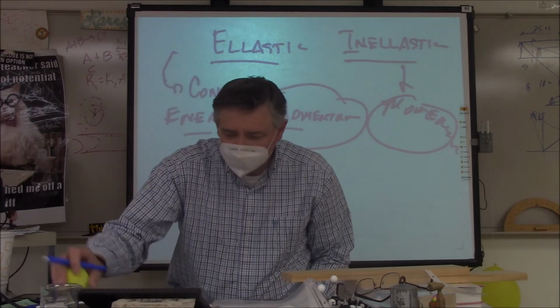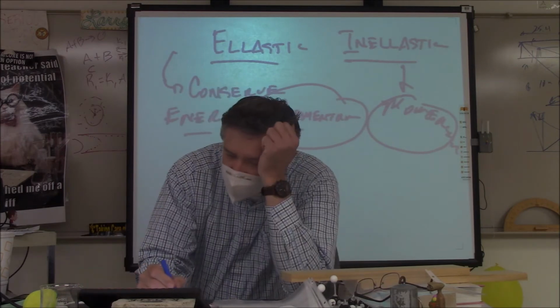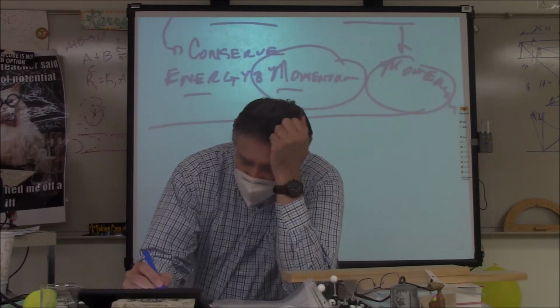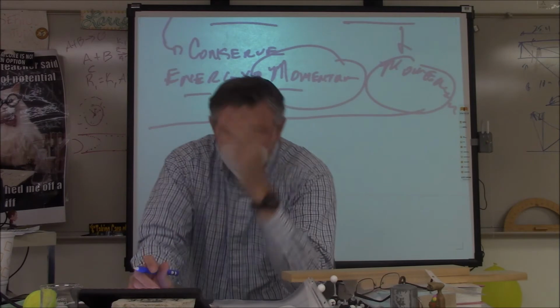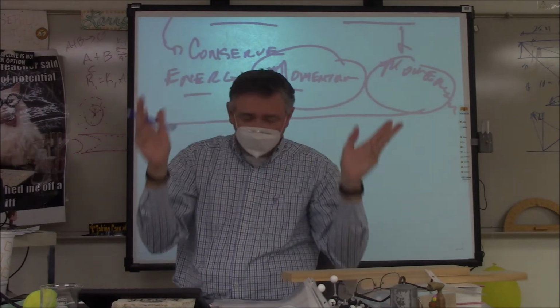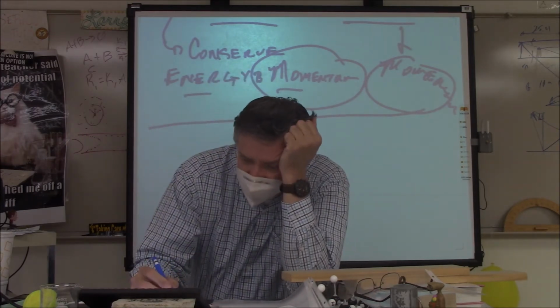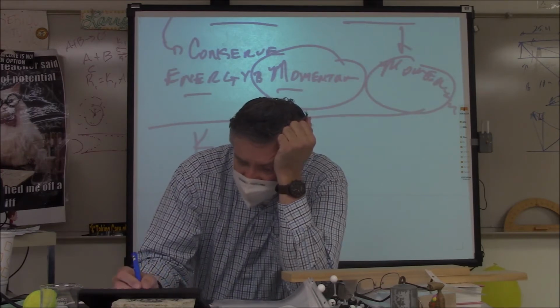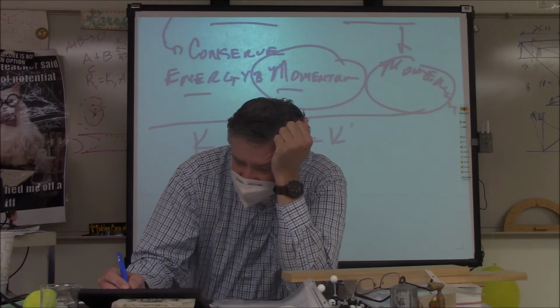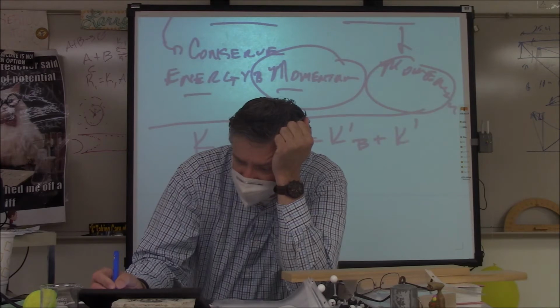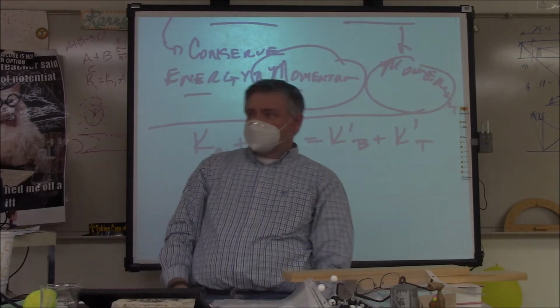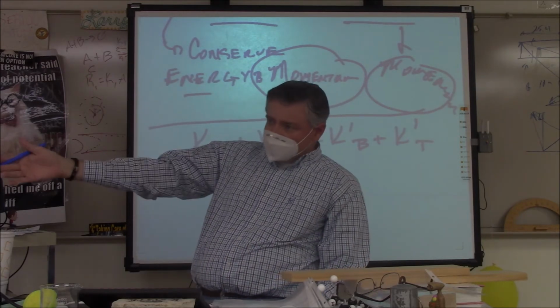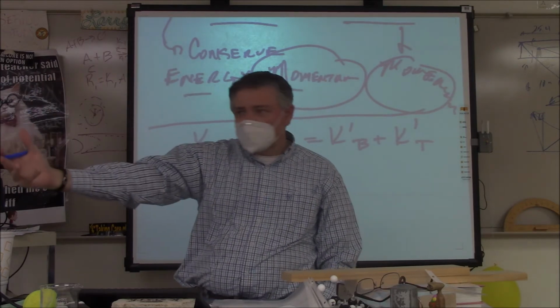So let's say we want to conserve energy. Let's say we're going to have two objects colliding. The kinetic energy of the bullet plus the kinetic energy of the target is going to equal the new kinetic energy of the bullet plus the new kinetic energy of the target. So it starts just like momentum, but we're going to talk about energy.